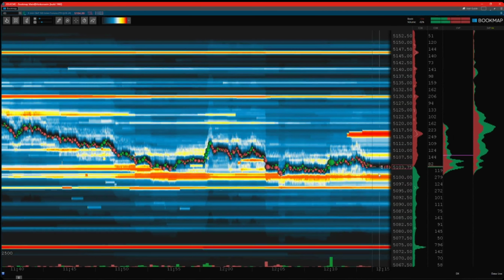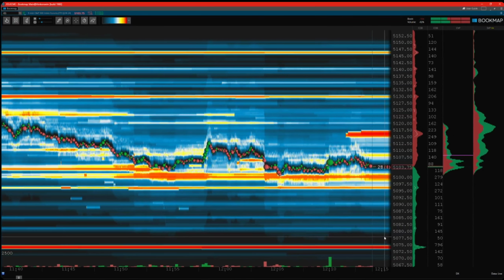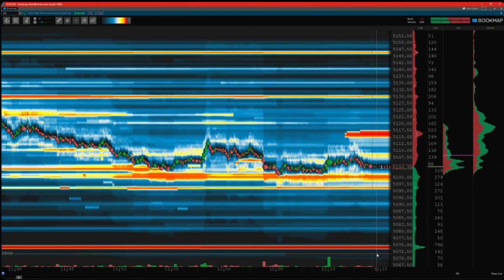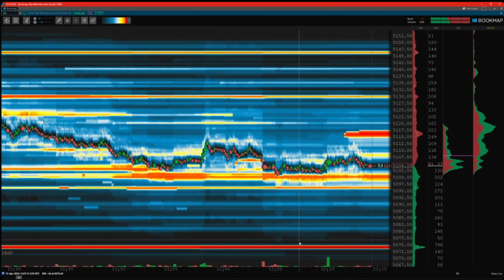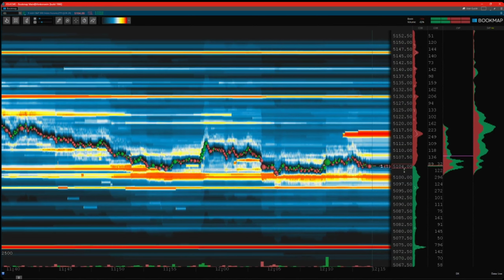What I think is going to happen, and what I've been saying for over an hour now, is that it wants this. It wants it, along with gamma, to go to 50-50. That's a whole another $11 move down on SPX. This is a whole $25 move on ES, which is very realistic.